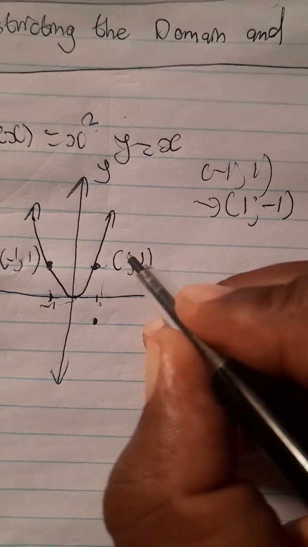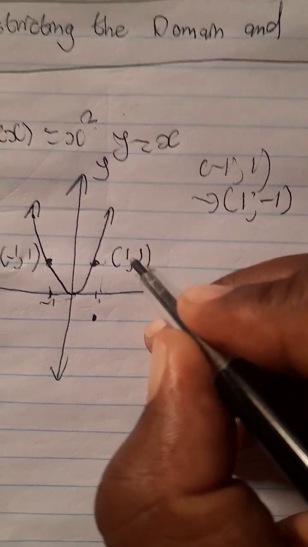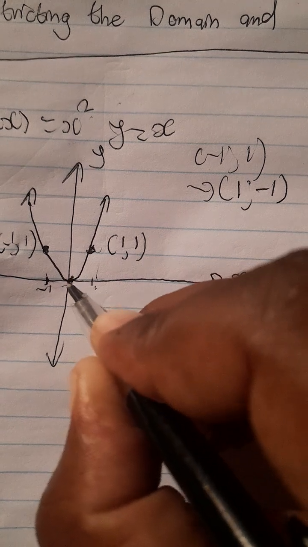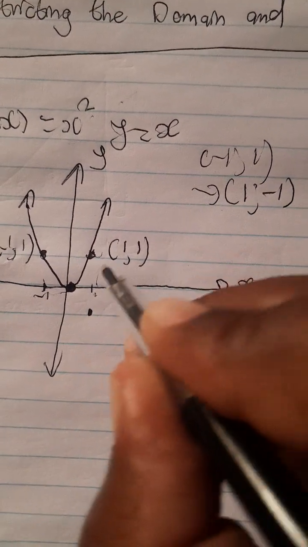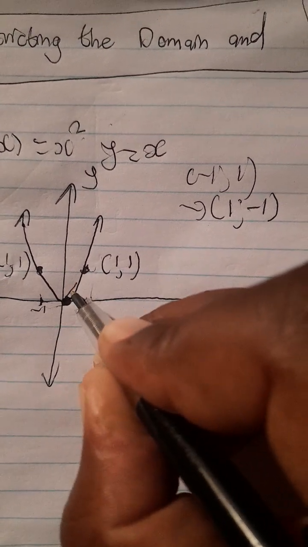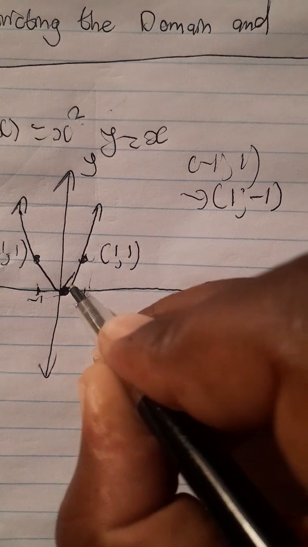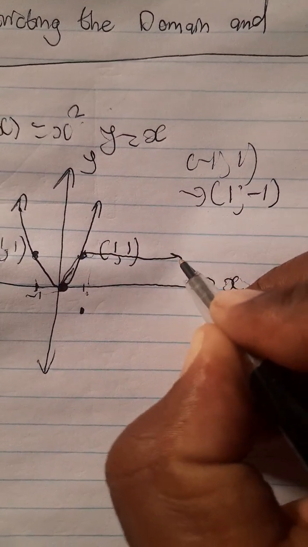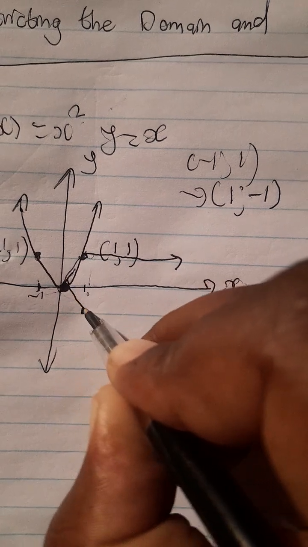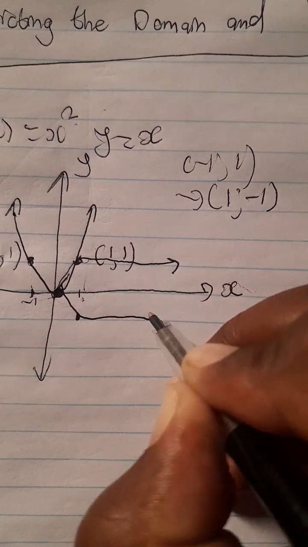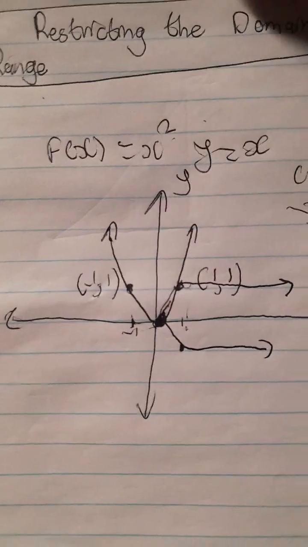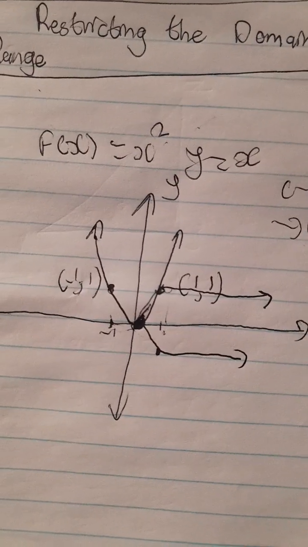The other one, which is 1 is to 1, will remain here, and 0 and 0 will also be here. After that, you can join the points. You will have something like this. Sorry for my rough hand sketching, but this is how it should be.